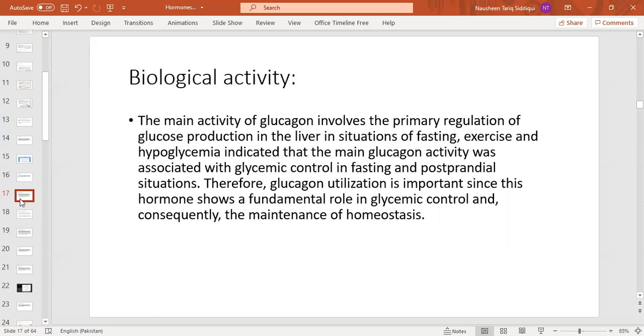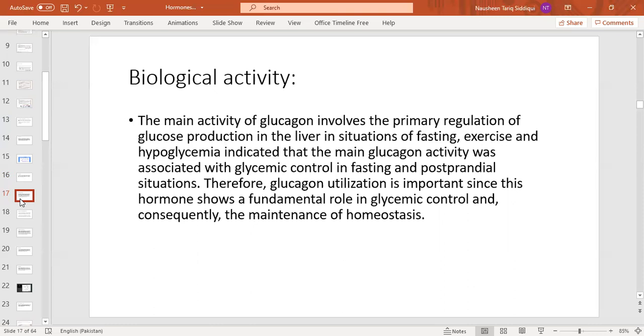The main time when it is secreted is when a person is fasting.